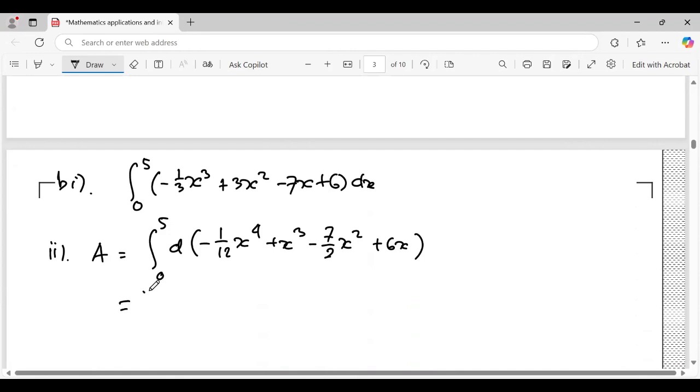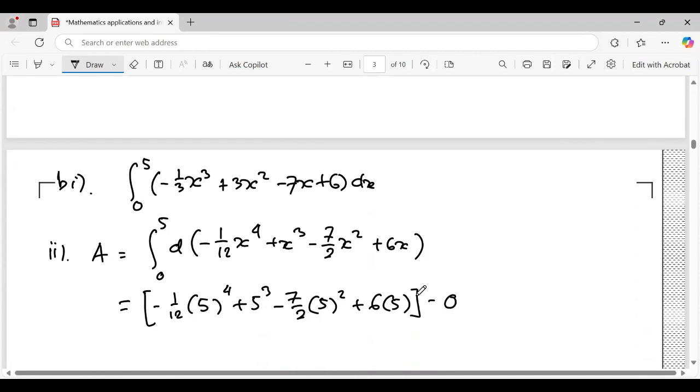So it's minus 1 over 12 times 5 to the power 4, plus 5 cubed, minus 7 half times 5 squared, plus 6 times 5, minus 0.